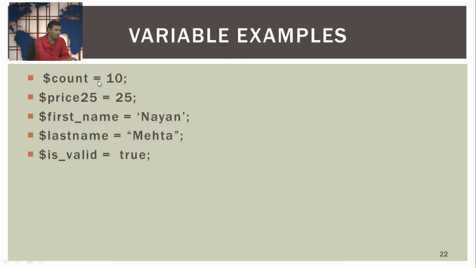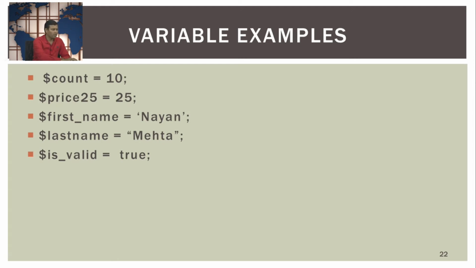To assign a value to a variable, the assignment operator, meaning the equal to symbol, is used once. These are examples of variables. $count is assigned 10, we read it this way. Here the dollar is the prefix, the variable name is count, then the assignment operator, and we assign value 10 to it. The statement ends with a semicolon.